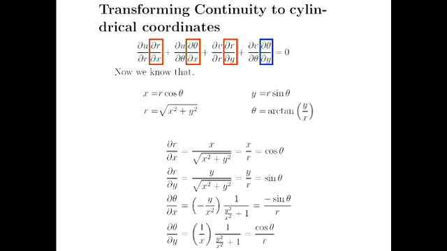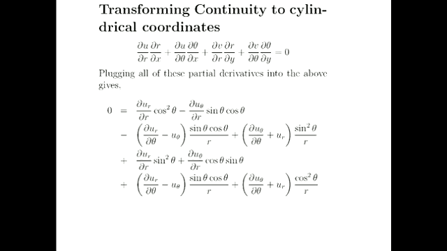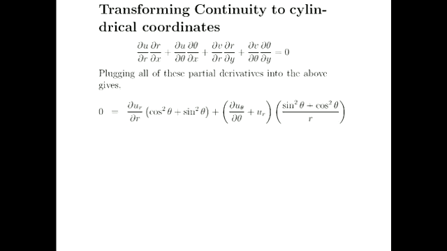And when we plumb all of this back into that equation at the top, you end up with this beauty, okay, here. And then you could see that some of those terms just cancel out, okay? And then you've got this beautiful result here.